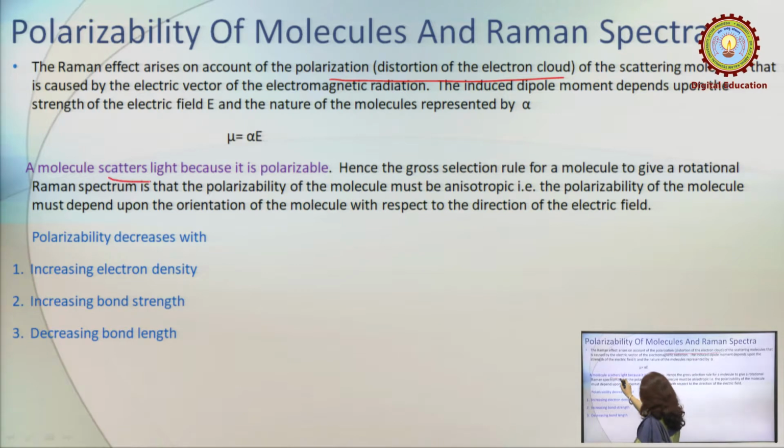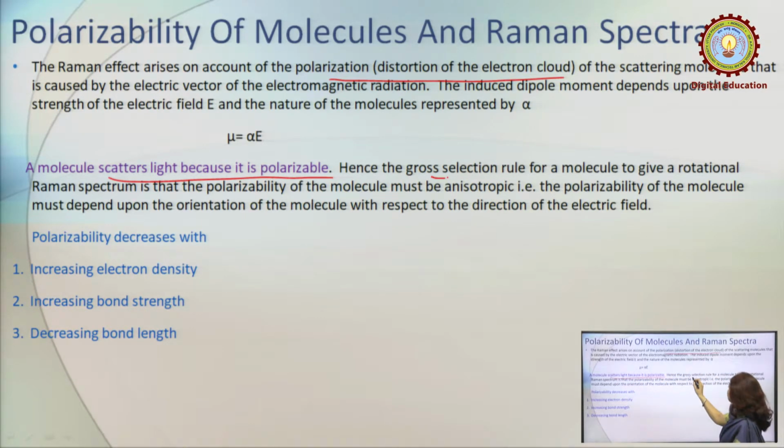A molecule scatters light because it is polarizable. Hence, the Gross selection rule for a molecule to give a rotational Raman spectrum is that the polarizability of the molecule must be anisotropic. Polarizability decreases with increasing electron density, increasing bond strength, and decreasing bond length.